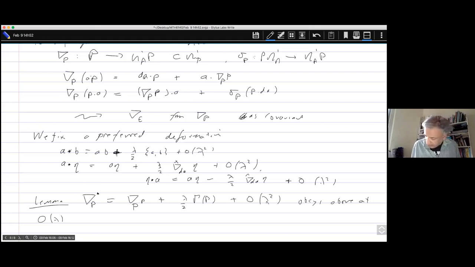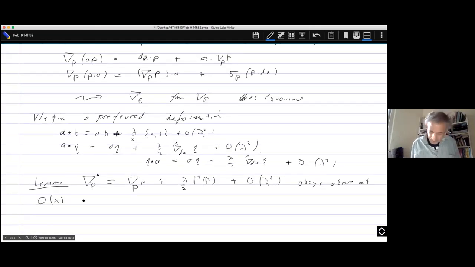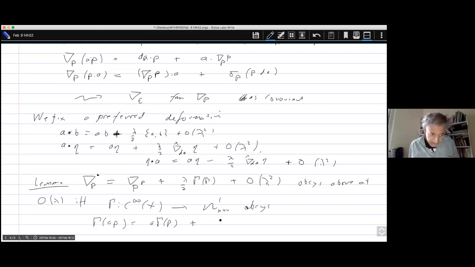We get a deformation of the quantum differential calculus at order lambda if and only if this gamma, from C infinity of X to omega 1 horizontal, obeys gamma of AP equals A gamma of P plus nabla hat X dA nabla p minus nabla hat X dp nabla p A P.